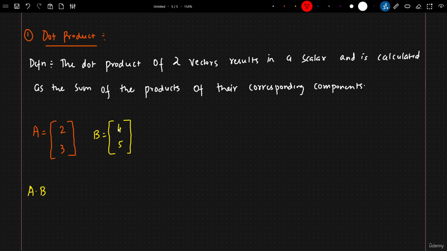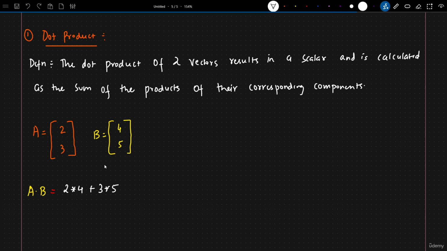So let's take the first x coordinate of both these vectors and we will write 2 multiplied by 4. Then as we said, over here it is calculated as a sum of the products of the corresponding components. So this is my first component. So 2 multiplied by 4 plus 3 multiplied by 5. We take this component and this component, multiply them, and then add the next component, that is 3 multiplied by 5.